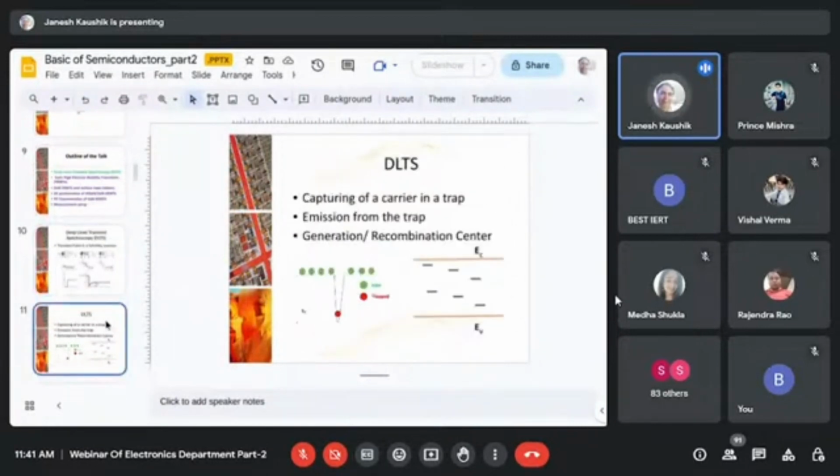And this again presents the basics of how a carrier is captured by a trap. It can be an electron, it can be a hole, it can be a majority carrier or minority carrier. So the diagram will change, but the underlying phenomena will be the same.